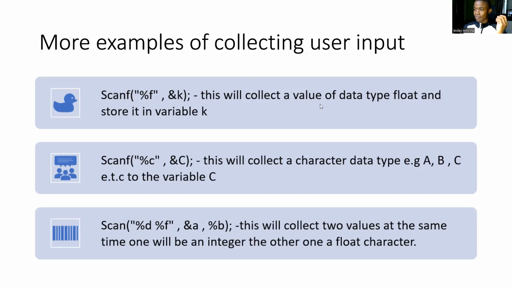This will collect a value of data type float and store it in variable k. And then next we have scan character, C for character. Okay, we're storing it in variable C, which is a capital letter.